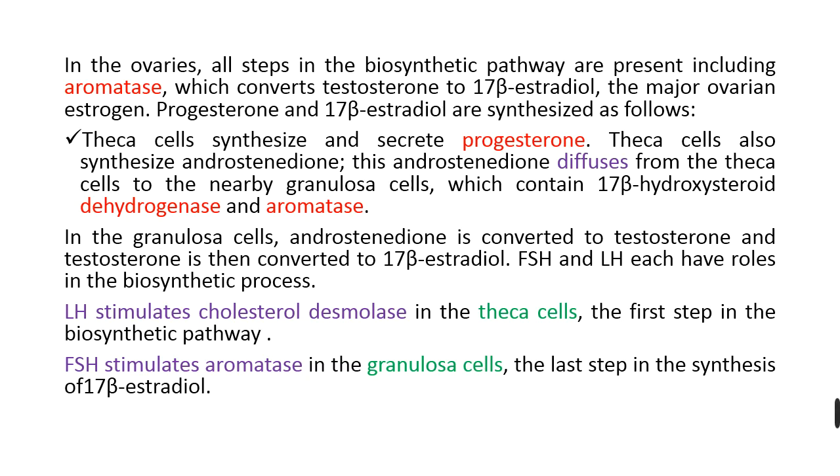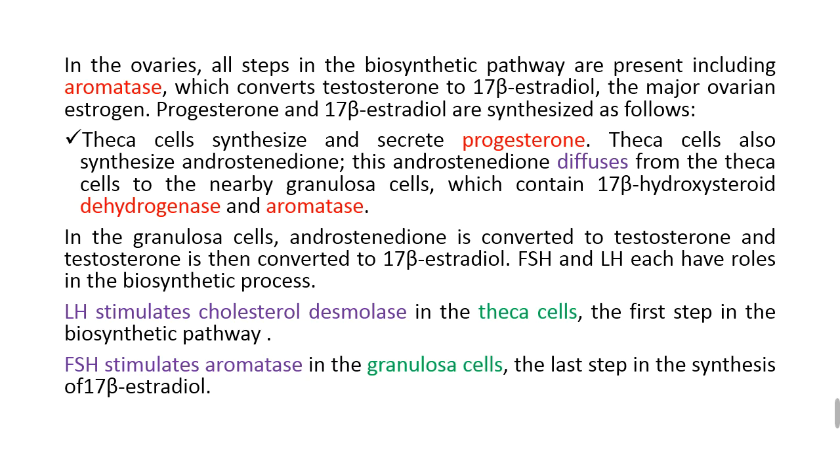In the granulosa cells, the androstenedione is converted to testosterone, and testosterone is then converted to 17-beta estradiol.